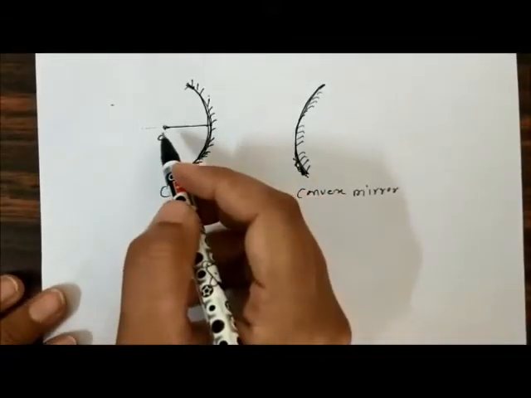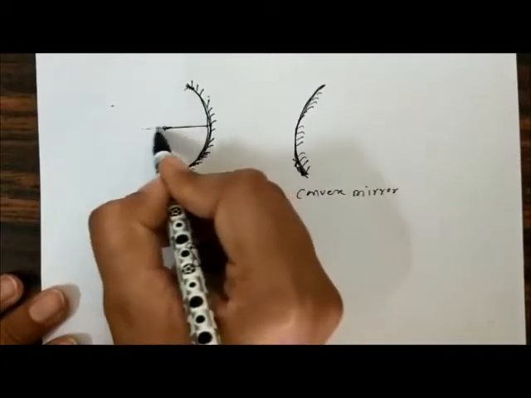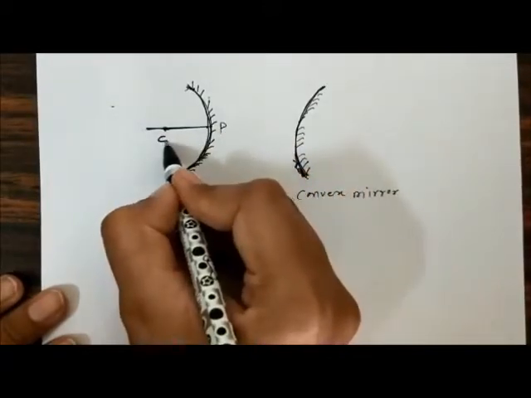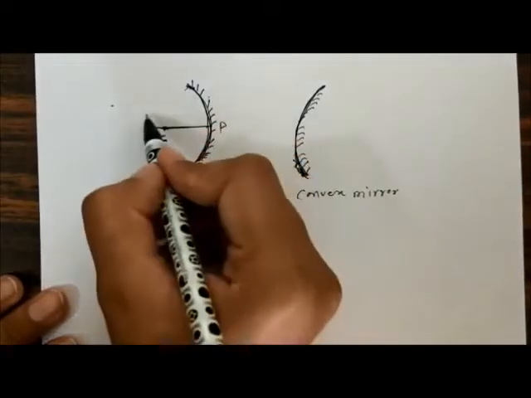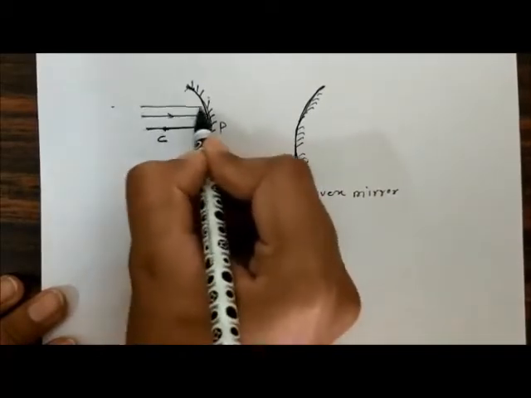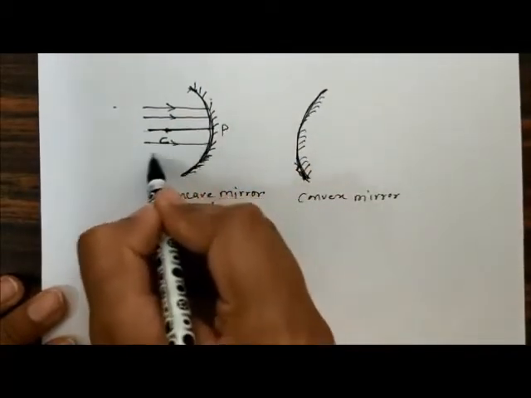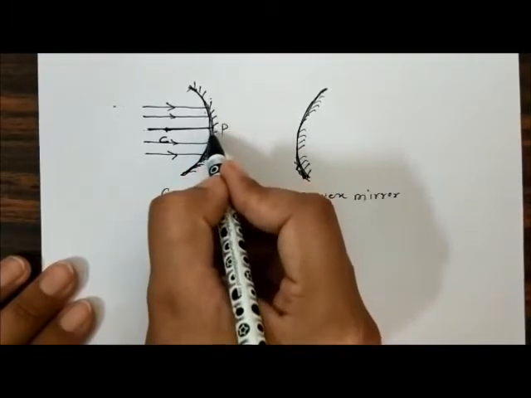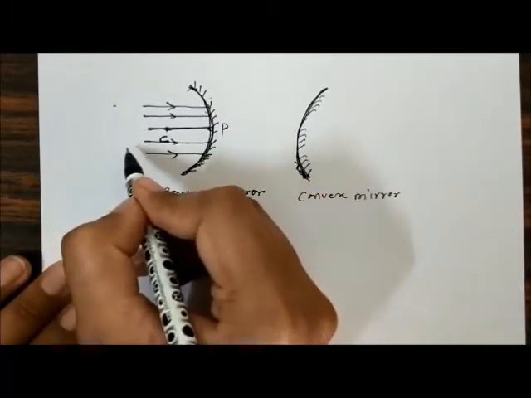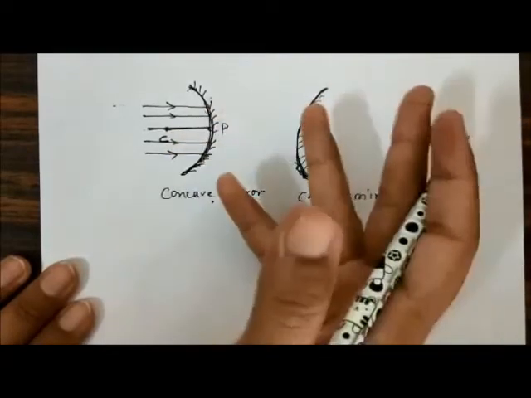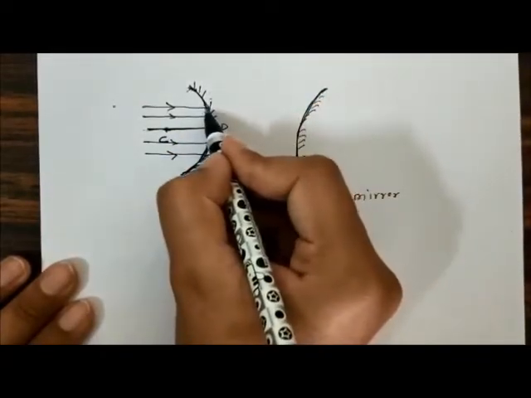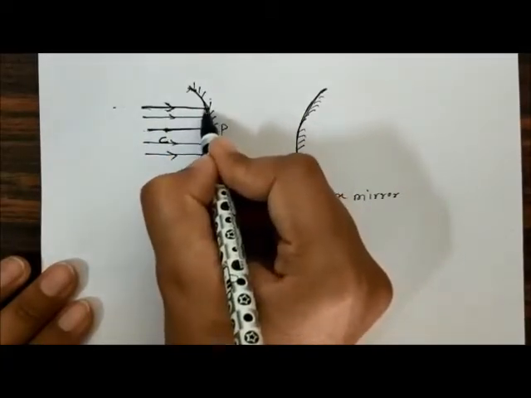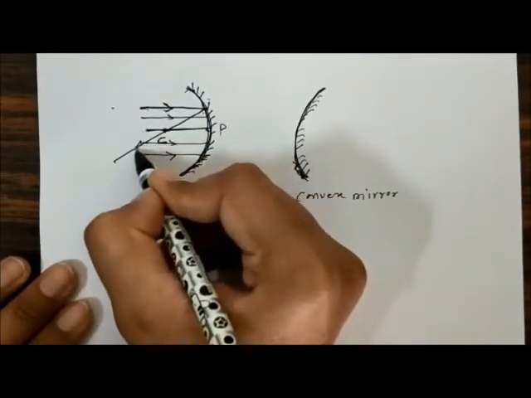Now what is principal focus? Here is the principal axis of this spherical mirror. This is the pole and this is the center of curvature. Suppose we have applied some light on this spherical mirror. After incidence, it will bounce back in the same medium. It can diverge, it can converge. Suppose it is converging. If we incident this light, it will converge through this point.